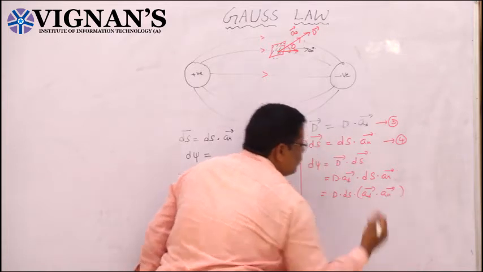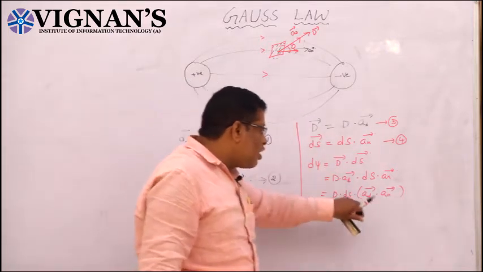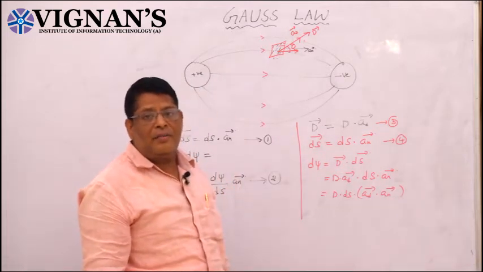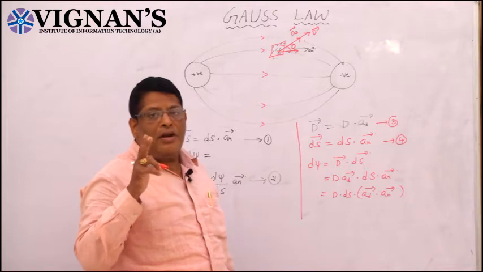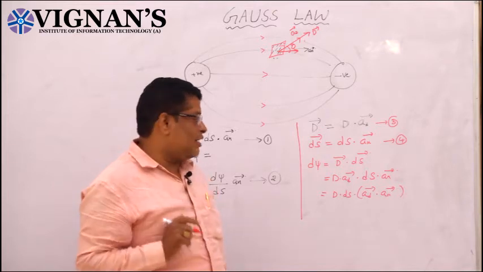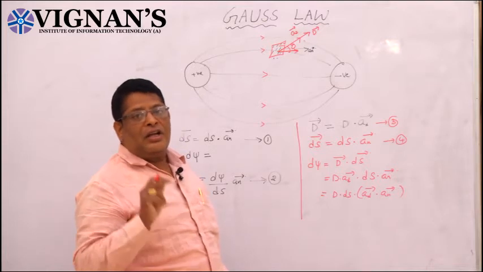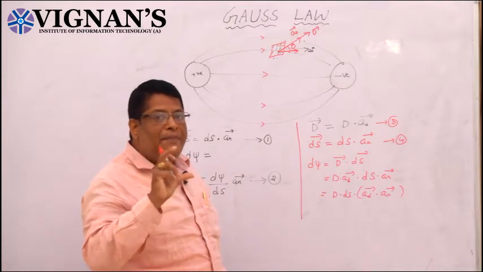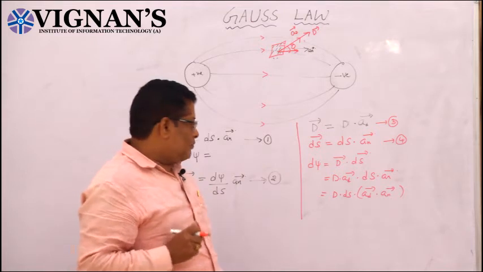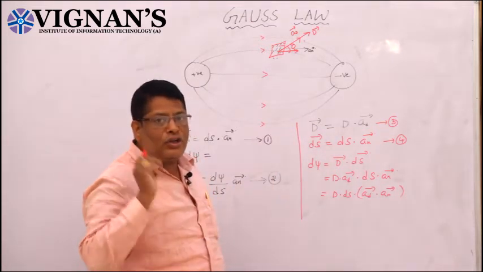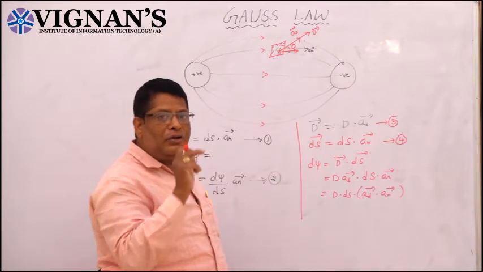This is the dot product, a D bar dot a n bar. The dot product of any two vectors equals the magnitude of the vectors into the cosine of the angle between those two vectors. Here, these two are unit vectors, so the magnitude is 1 into 1.